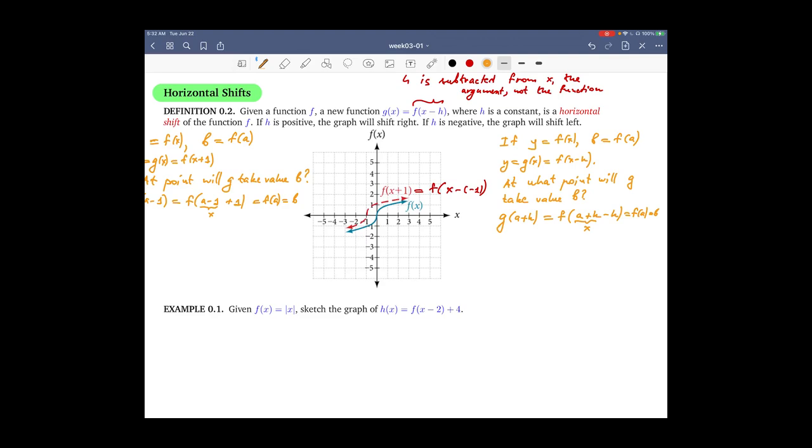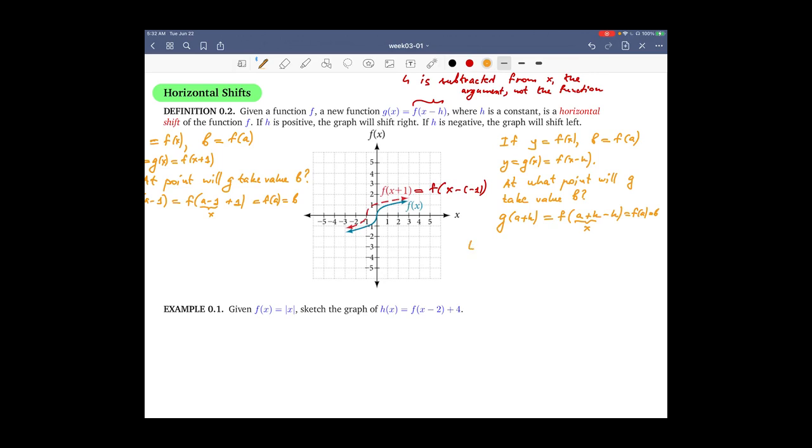Why is that again? Suppose h is positive. f takes value b at point a, g will take value b at point a plus h, so arguments should be by h units smaller to produce the same value. That corresponds to moving to the left.